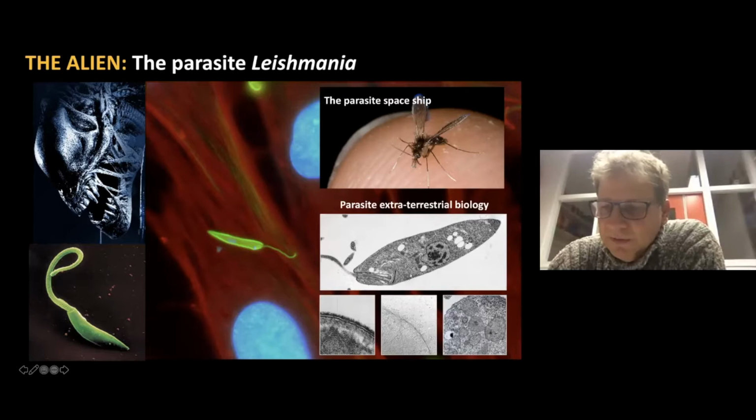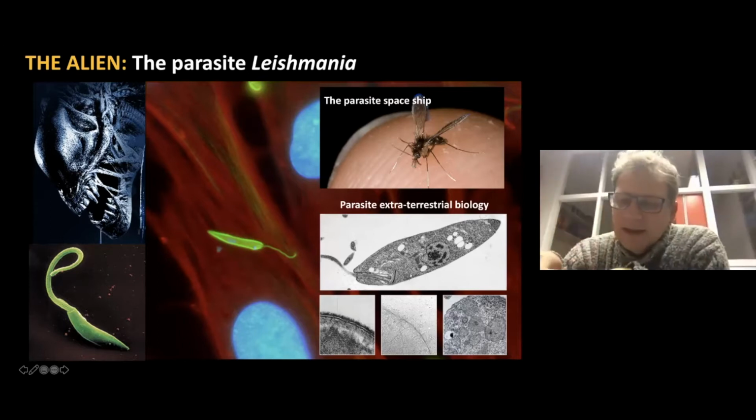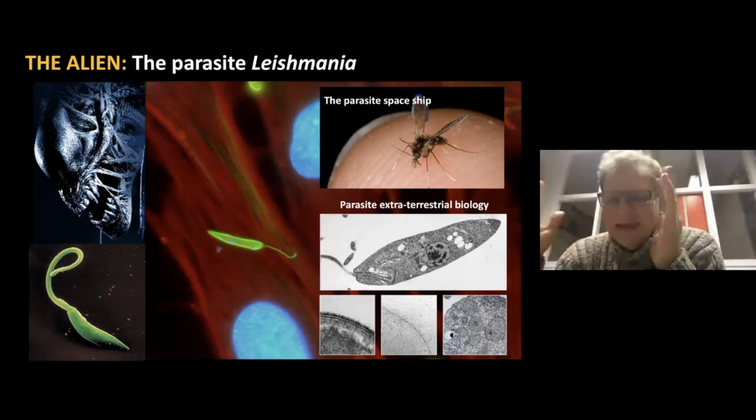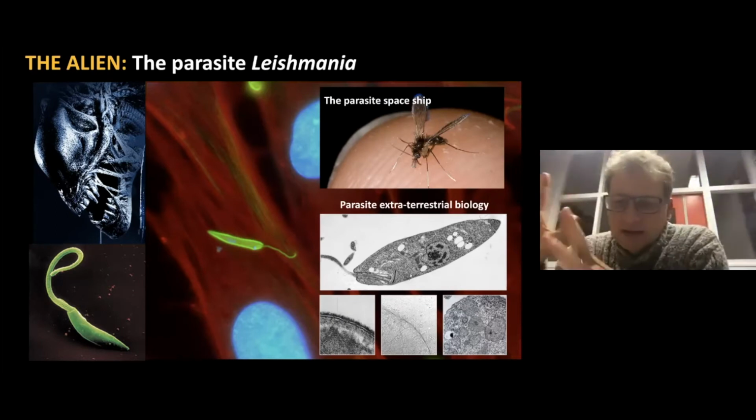So the unique features of these parasites are, for example, a surface coat. We're going to talk about the surface coat in just a few minutes. It covers the entire parasite, and it's really like a shield against any kind of attack from the immune system, anything that is a chemical attack.